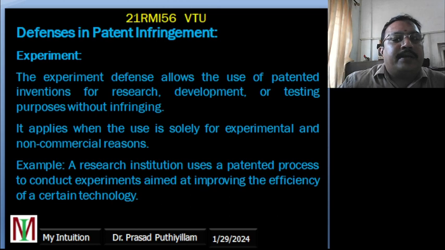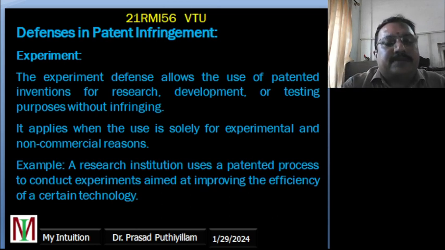They are not gaining any income from that. Then you can defend it. Example: a research institution uses a patented process to conduct experiments aimed at improving the efficiency of a certain technology. They are just experimenting, not marketing it or getting any income from it. Then it is a defense. That comes under experimental use.